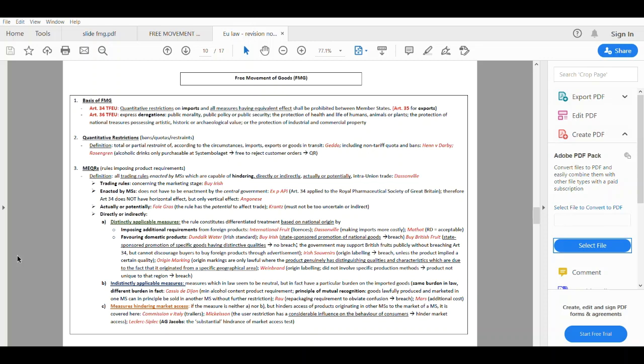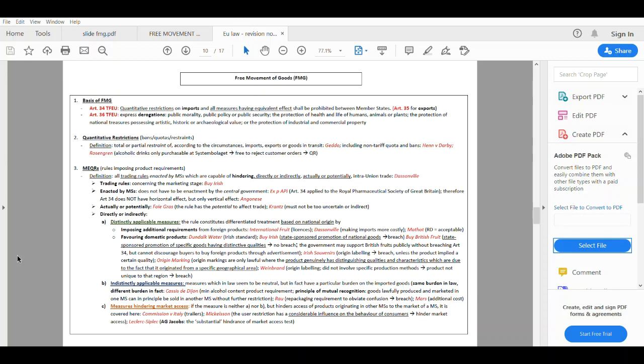If we consider now Directive 70/50, we will find that there are two categories of MEQR. Firstly, distinctly applicable MEQRs. These refer to measures that do not apply equally to domestic and imported products. And secondly, indistinctly applicable measures, which do apply equally to domestic and imported products.